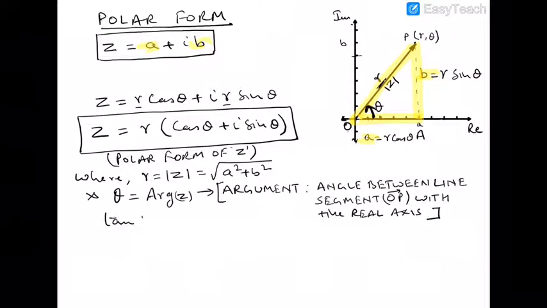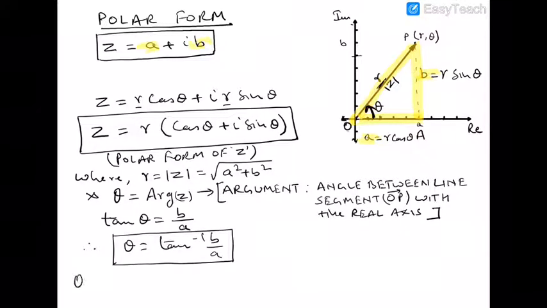And tan theta is equal to b over a, so theta will be tan inverse b over a. Theta will be positive for the anti-clockwise direction and negative for the clockwise direction.